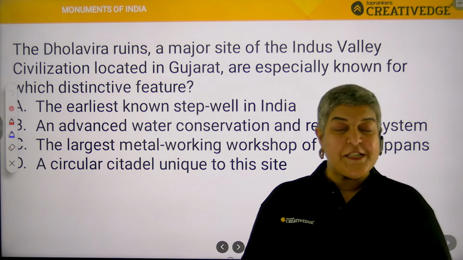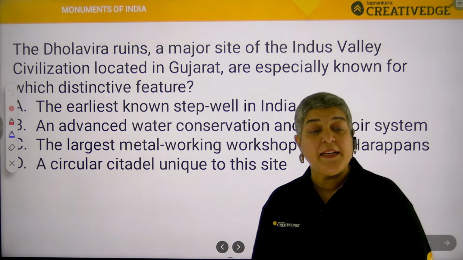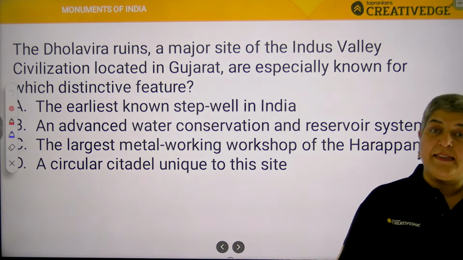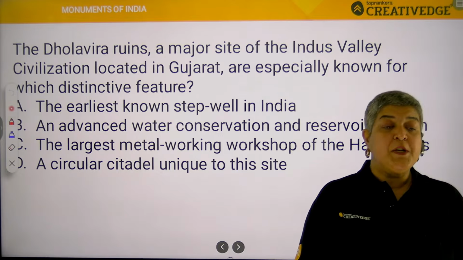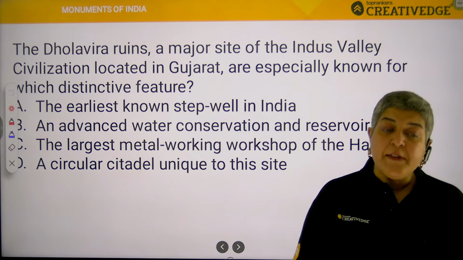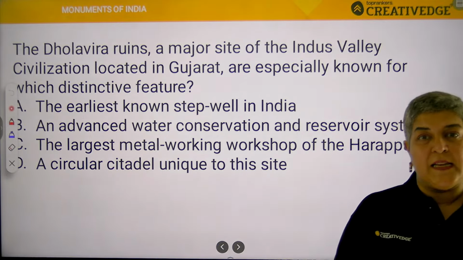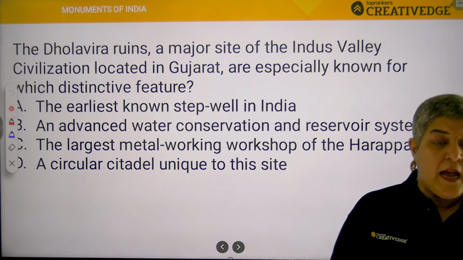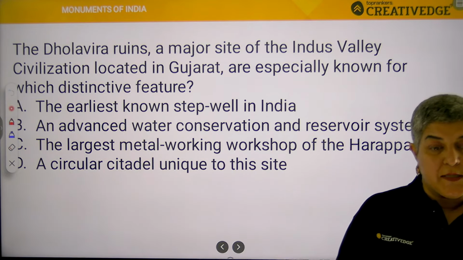The next question that you can read is: the Dholavira ruins, a major site of the Indus Valley civilization located in Gujarat, are especially known for which distinctive feature? They are the earliest known step wells in India. They have an advanced water conservation and reservoir system.